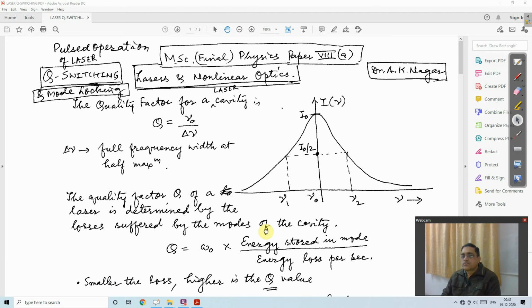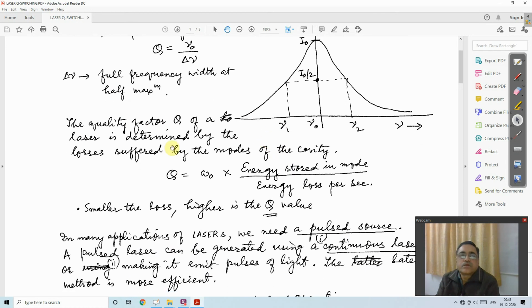We have studied the quality factor in an earlier lecture, but the simple definition is: Q, the quality factor, is equal to the peak frequency divided by the half intensity bandwidth, the full frequency width at half maximum.